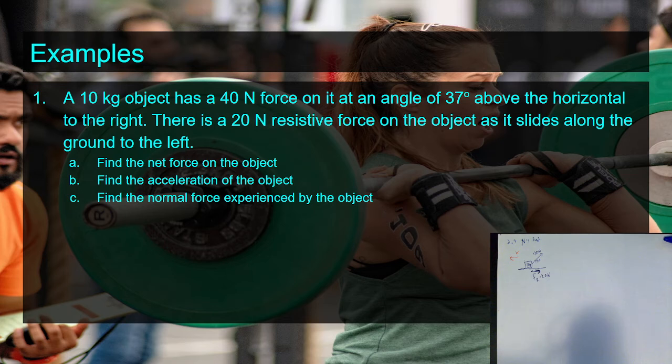And this might look kind of weird. If it's getting pulled to the right, why is it moving to the left? That's not really part of the problem, first off. But second, what this situation describes is one where the object is moving to the left because something earlier made it move to the left, and now there's someone pulling it to the right to make it slow down and stop.